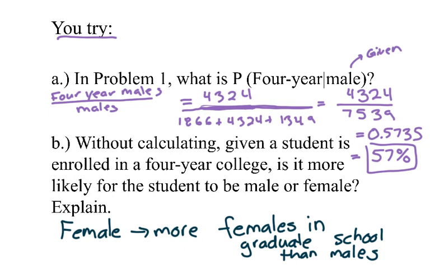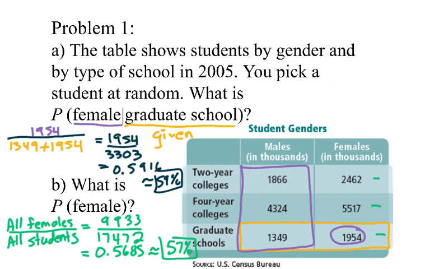All right, check your answers. You're finding the probability 4 years given that they're male. So it's given that they're male. So you're only looking at the males here. So you're only looking at this group. So what's the probability that they're in a 4-year college? Well, it would be this number over the total.